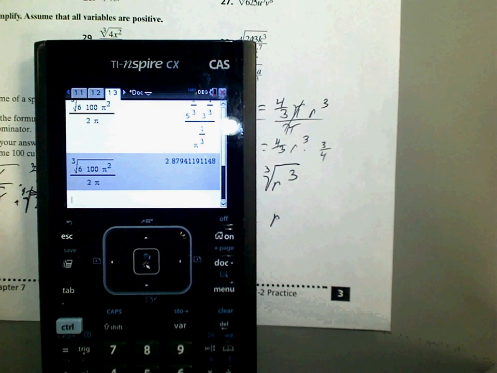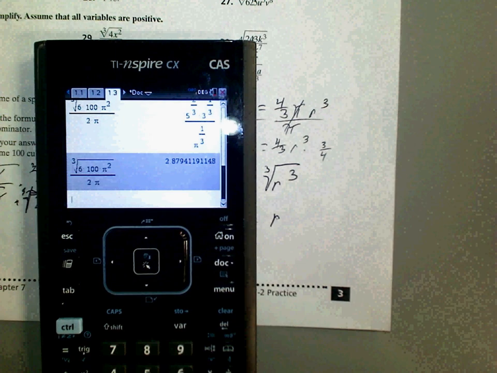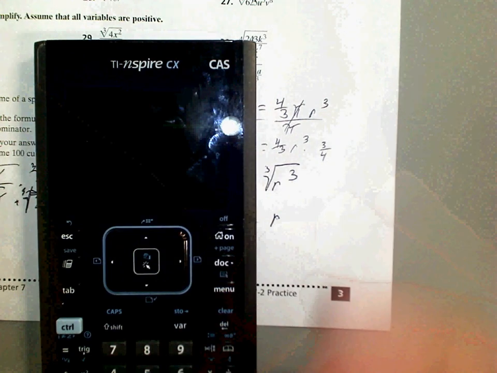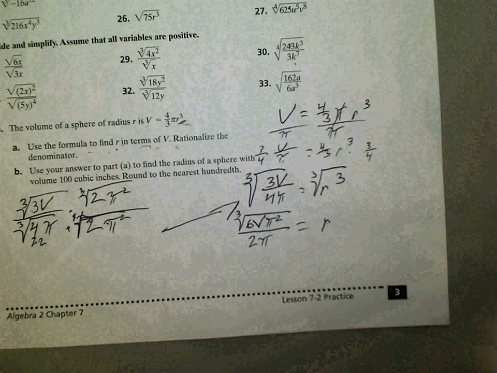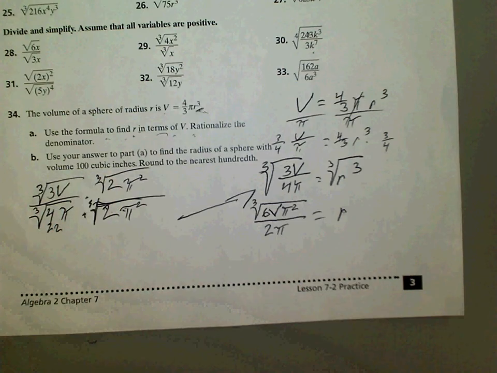It's a little smaller than a cantaloupe. It's a little bigger than a softball, I think. You agree? Okay. I've got to admit, when I first saw the 100 cubic inches, I thought it would be a ball even bigger. I thought that would take a fairly large ball.